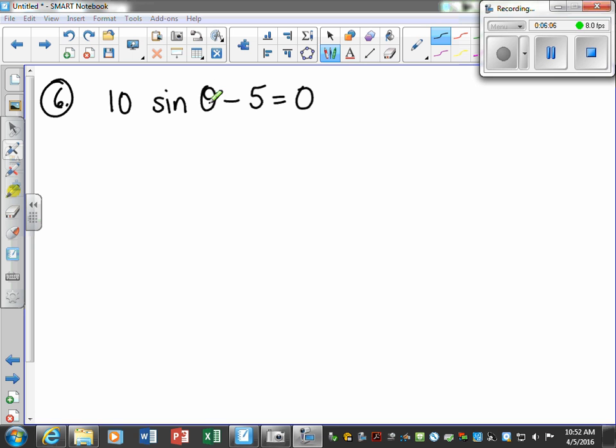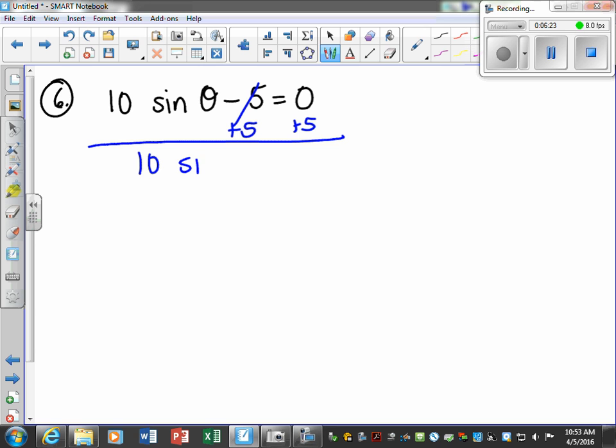Okay, theta is by itself, so this is back to the very first ones we did. We're just going to focus on getting this by itself as if this was a variable by itself. So let's add 5 to both sides. Bring down what we have left. Now what? Good. Divide both sides by 10. And we would say sine of theta is equal to 1/2.